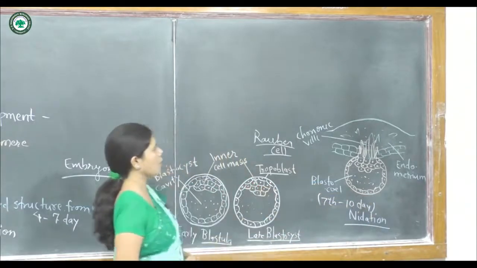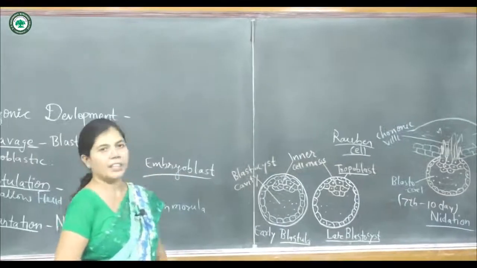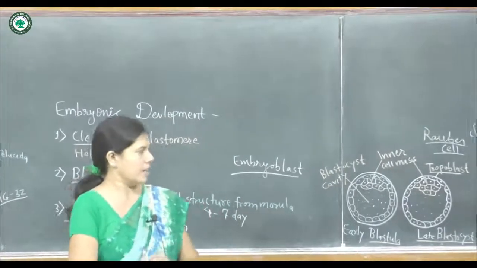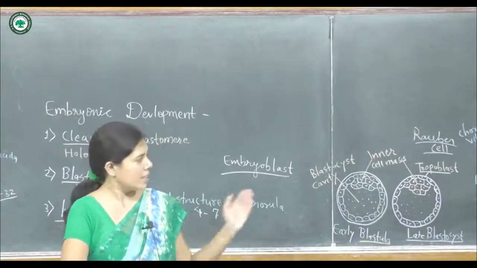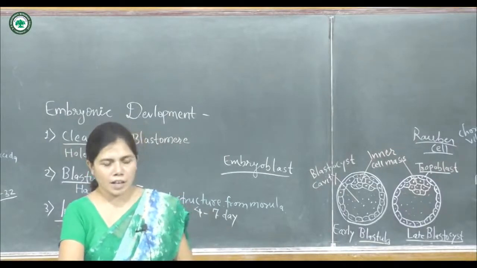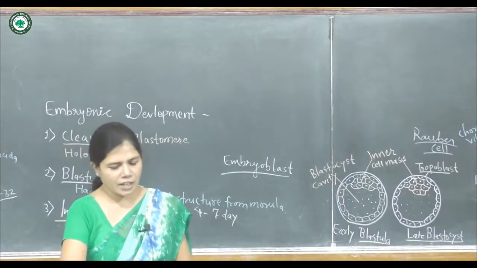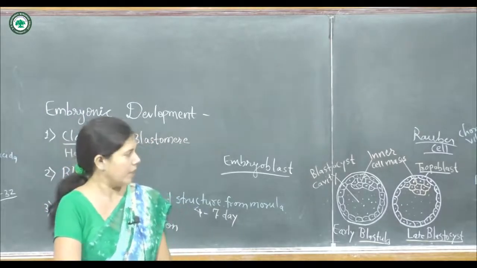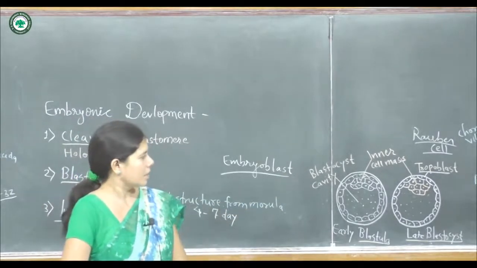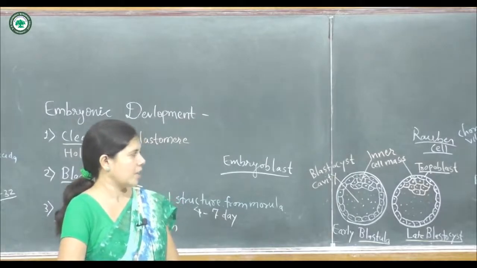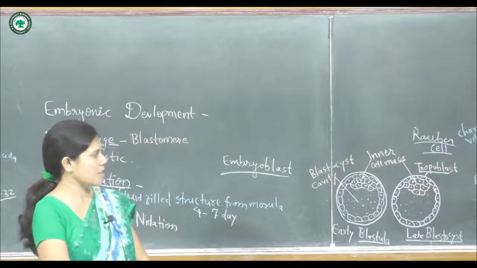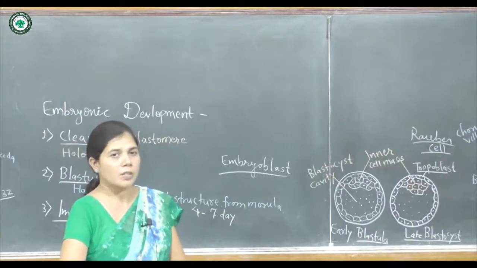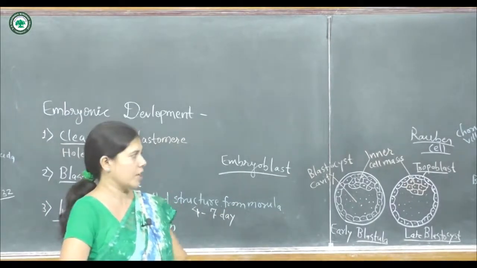This process of nidation, or implantation, ends at the 10th day after fertilization, and it forms two layers. The implantation of the blastocyst occurs at the fundus of the uterus.